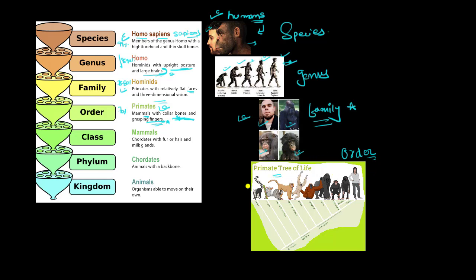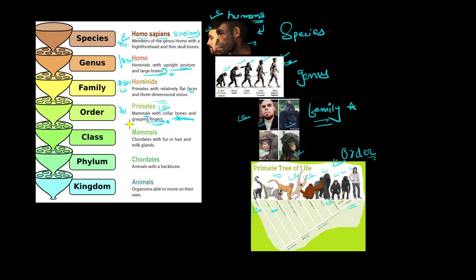All of us are in the same order. We, the chimpanzees, the monkeys, the new world monkeys, the old world monkeys. In fact, these lemurs, the chimpanzees, the gorillas, the gibbons, all of us are in the same order. Order, remember this. So this is us. This is how our hierarchy goes.